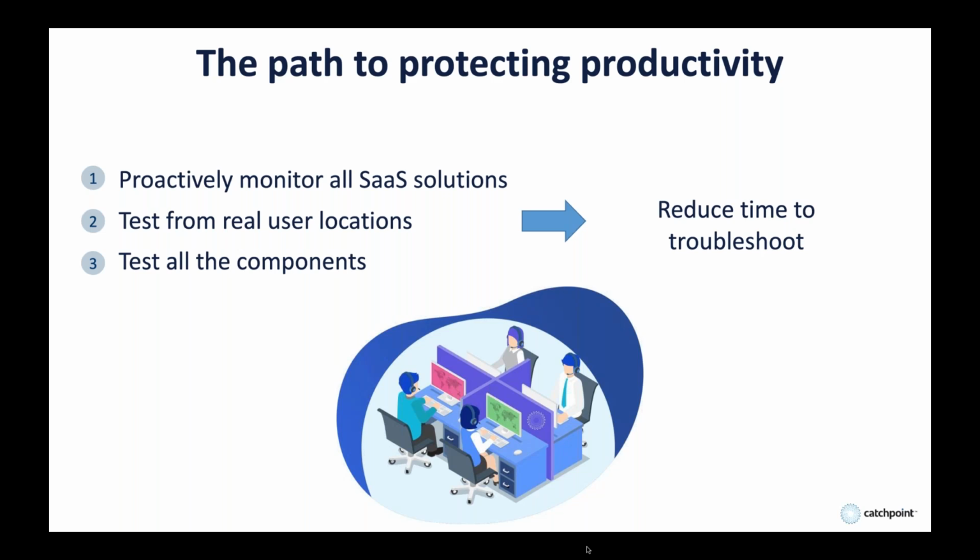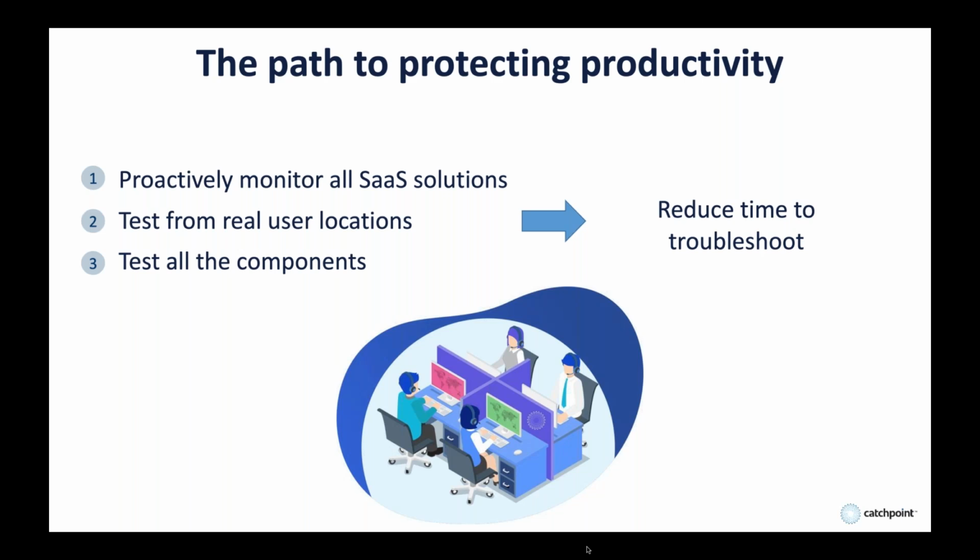So it's very important when you look at the SaaS solution that you're using, to look at all the components they use, whether they have multiple DNS providers, multiple CDN providers, which network path I take from my office to that location. So therefore, you can reduce the time to troubleshoot if somebody raised their hand and says, hey, we're having a problem with crmsolution.com.